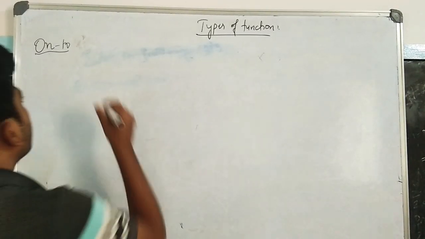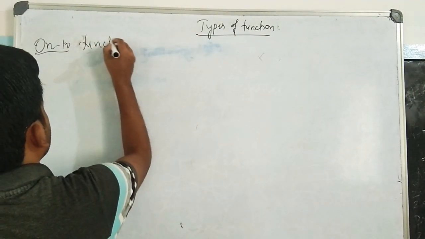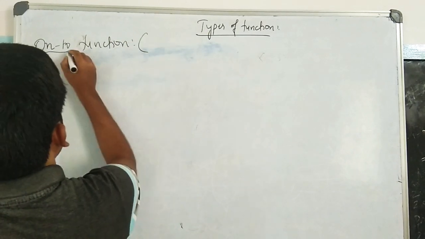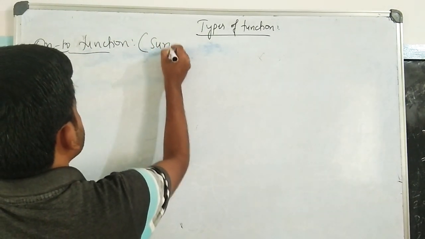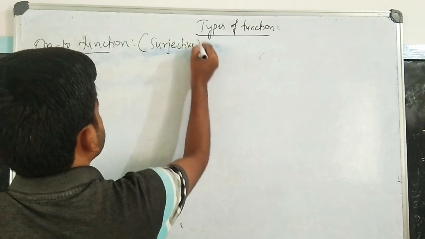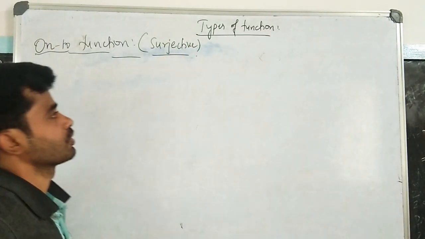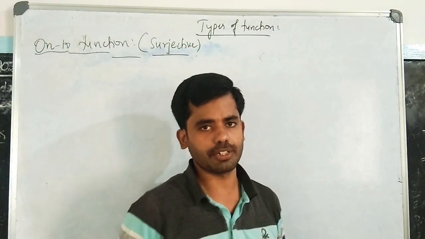Next is the onto function. Onto function is also called what? Surjective function. Okay, what is a surjective function?